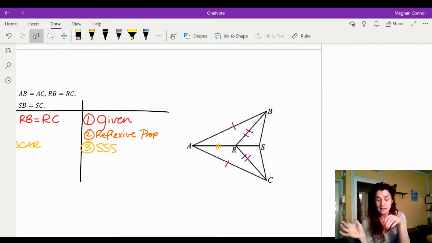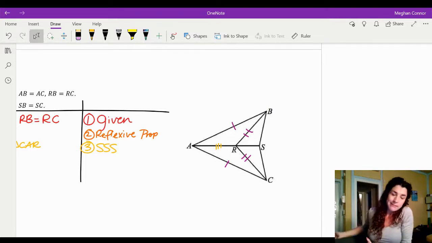ABS and ACS. And I noticed that the triangles I've already proven equal have given me pieces that are helpful for the big triangles. So I'm going to focus on the big triangles because I think that's going to be easier. You could focus on RBS and RCS and still prove it. I just think it would be harder.